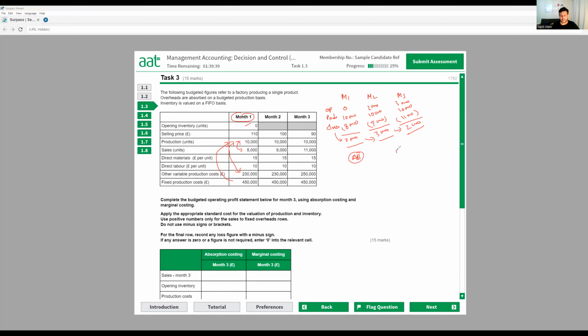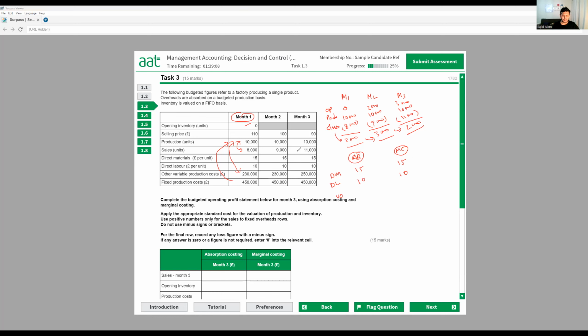So you have absorption and the marginal. The direct material and the direct labor is the same: 15, 15, 10, 10, both methods are the same. Variable overhead: we have 230 divided by 10,000 for month 1.